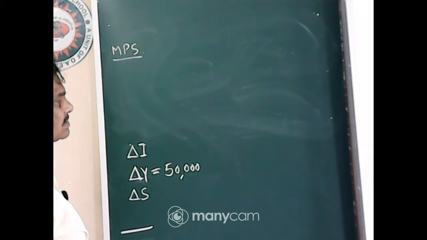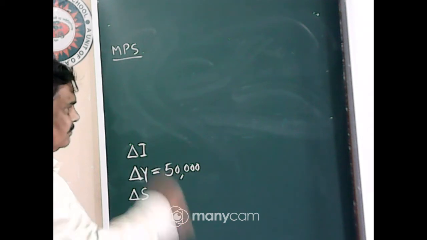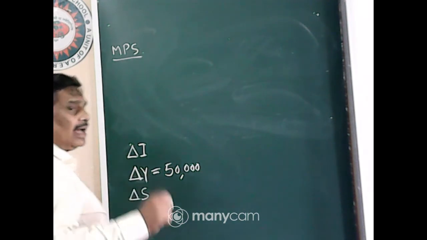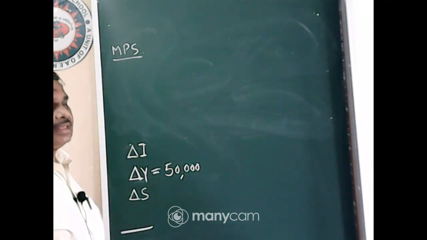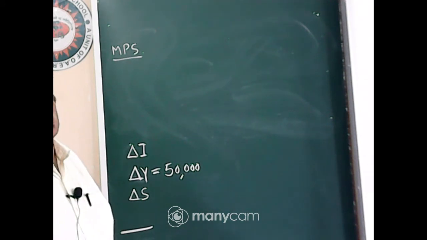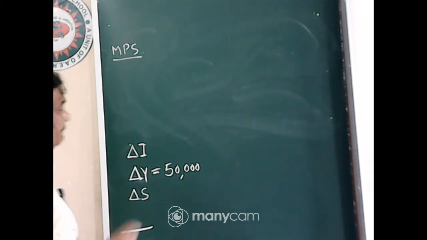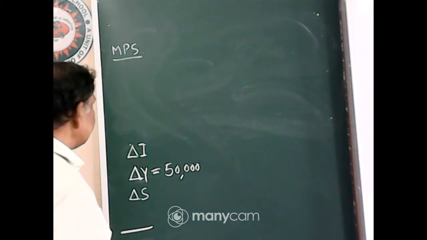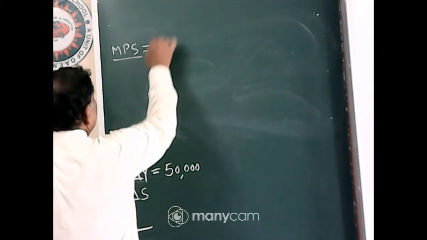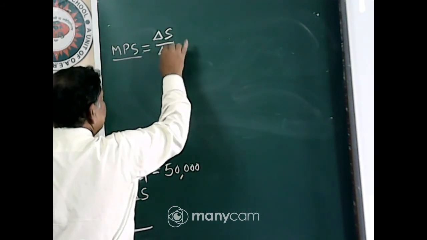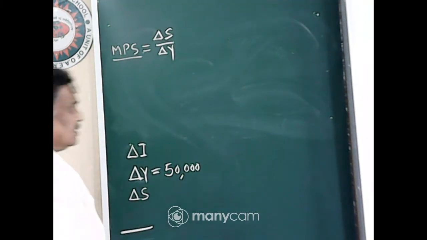MPS means that with the increase of income, saving increases accordingly out of the increased income. Therefore, delta S is the increased saving out of the increased income. So MPS is equal to, by formula, delta S by delta Y. Is it?